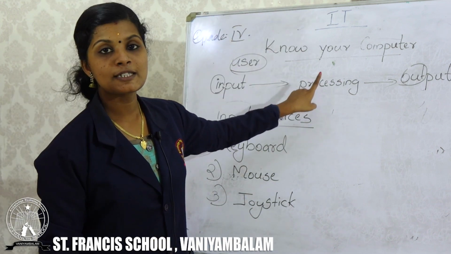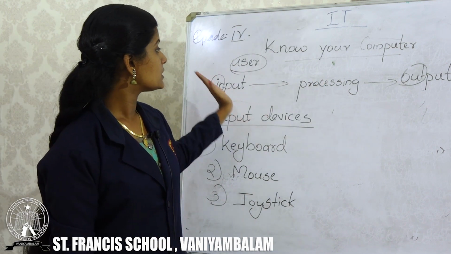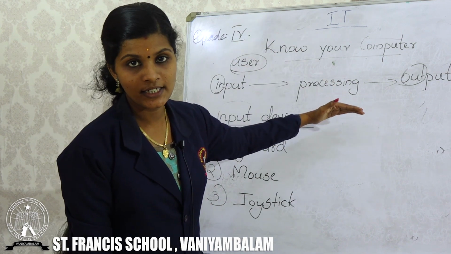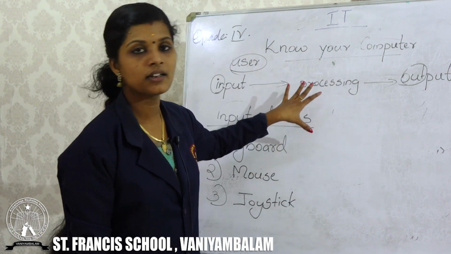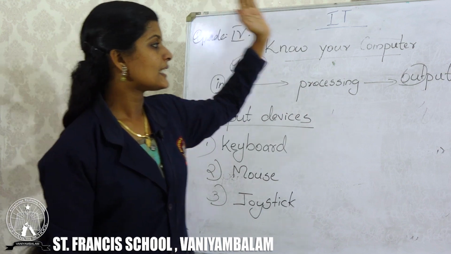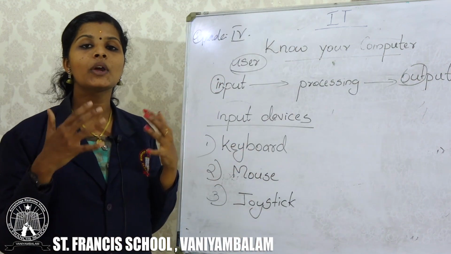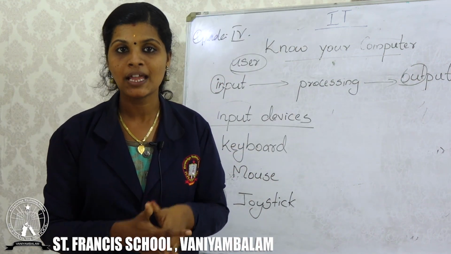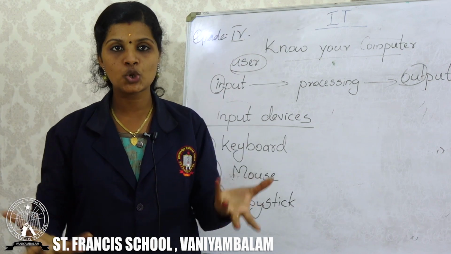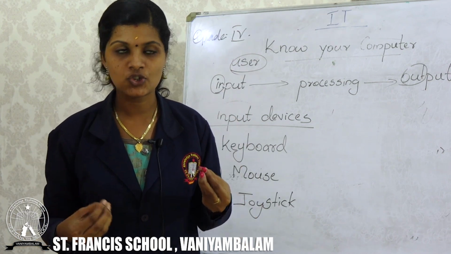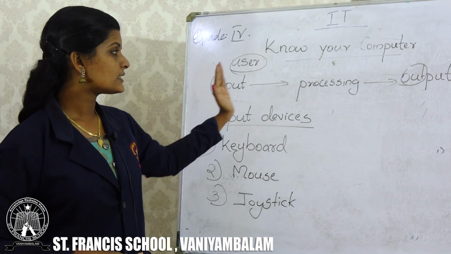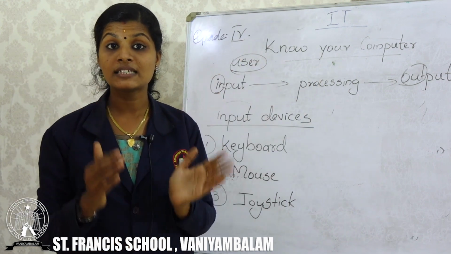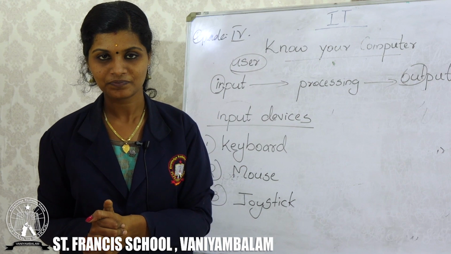The second step is processing. After the data and instruction are entered into the computer, the work done here is known as processing. And the last step, the result we are getting is known as output, and the device that is used to show us that output is known as output device. These are the three steps and we have also discussed the examples.